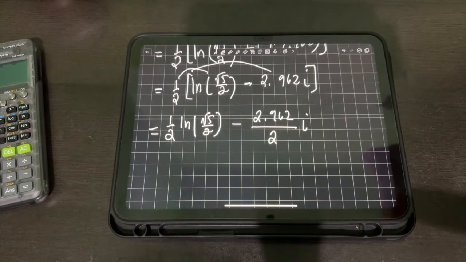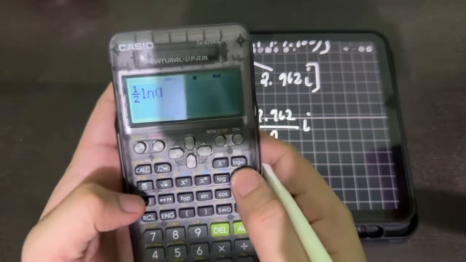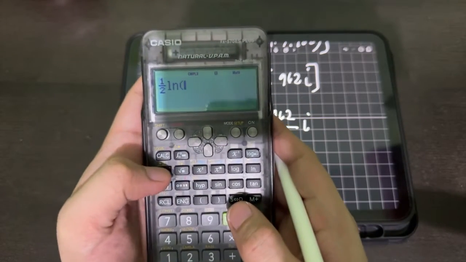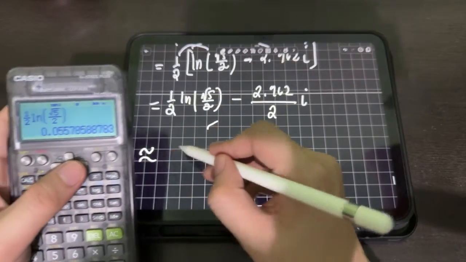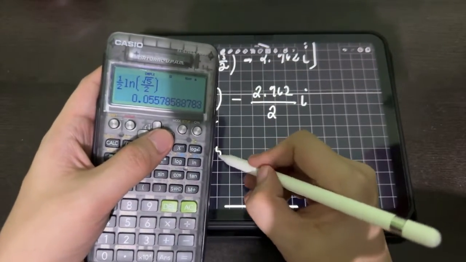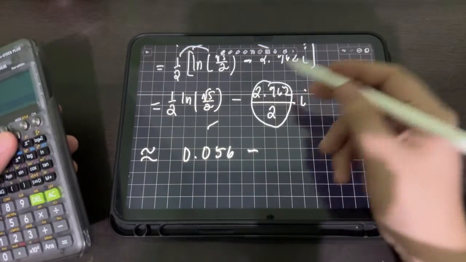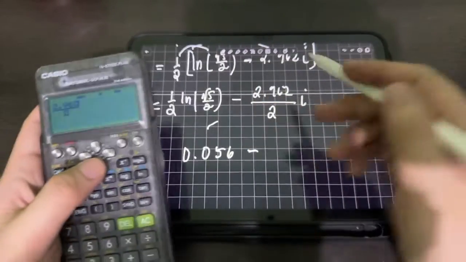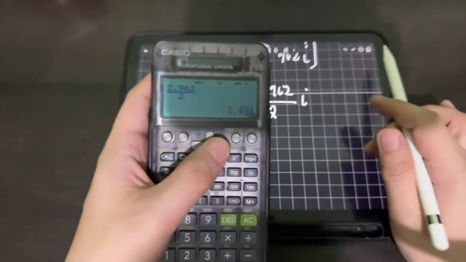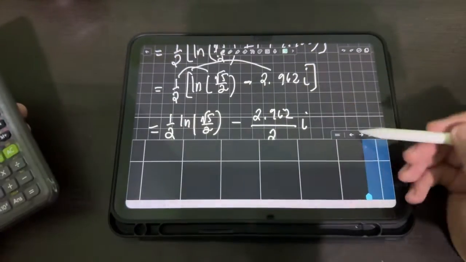Or approximately, if you input this in your calculator, 1/2 ln of square root of 5 over 2, 0.056, right? Minus this one, 2.962 over 2, negative 1.481i.